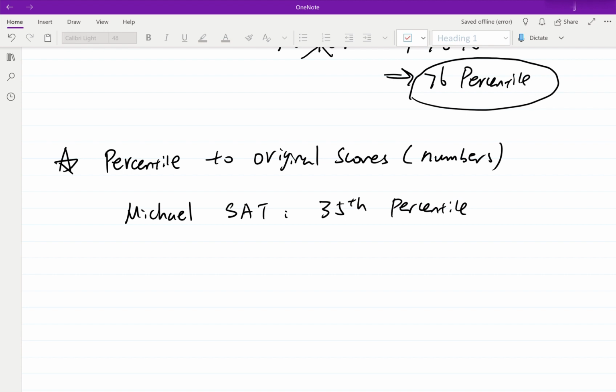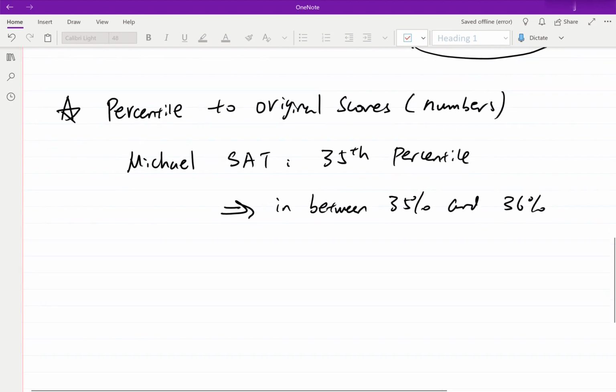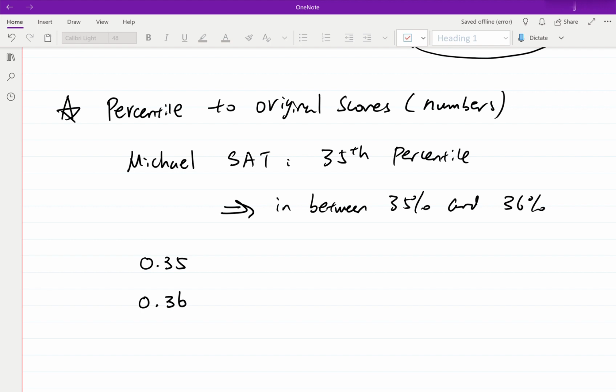Since when we get the percentile, we round down the value, it is possible to be in between 35% and 36%, so we don't know. So 35% equals 0.35, and then 0.36. Now we're doing the reverse.